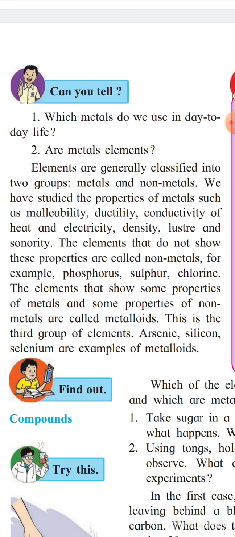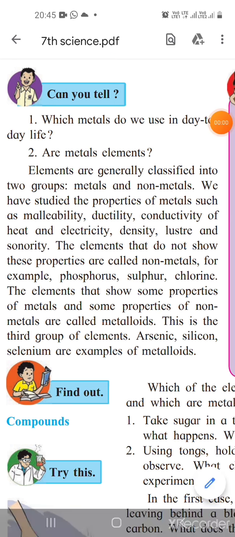Those elements that show some properties of metals and some properties of non-metals are called metalloids. This is the third group of elements. Arsenic, silicon, selenium are examples of metalloids.